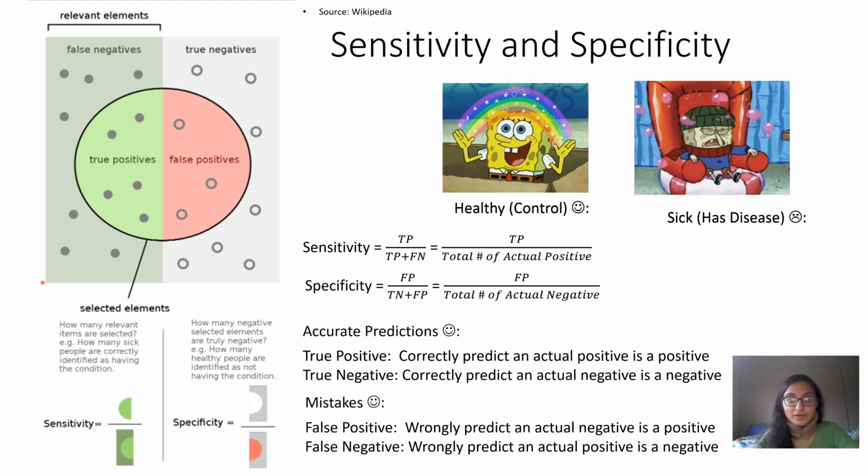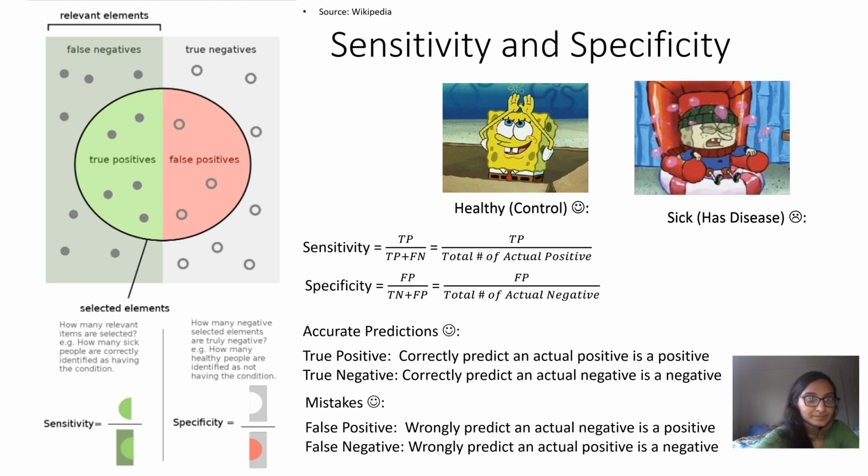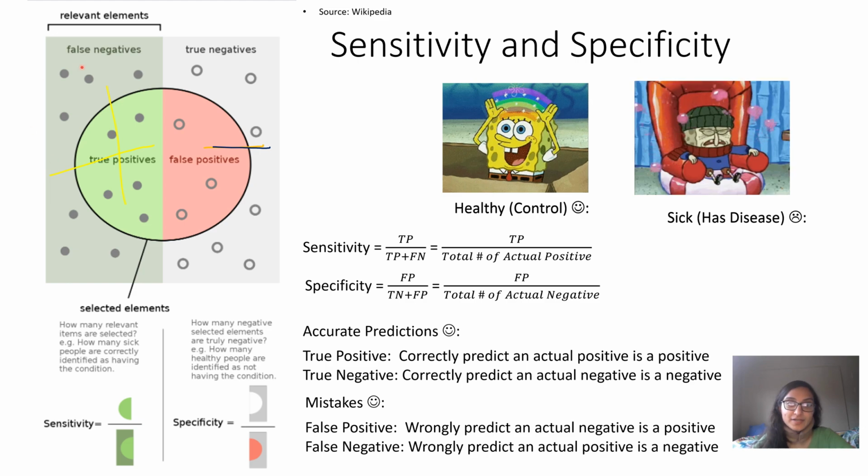These are the actual positive individuals, and this is the actual negative. Out of the actual positive, you're going to have the true positives, which are the individuals who you correctly predicted as being positive. The true positives, TP. That's what TP stands for.